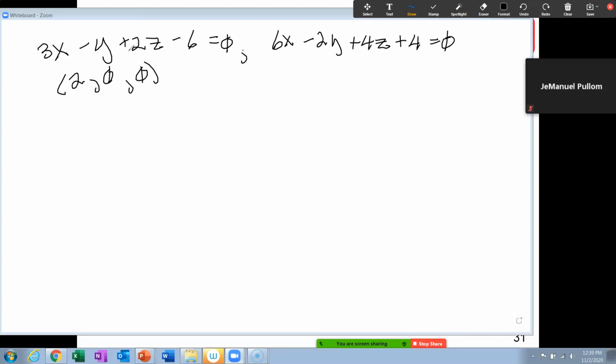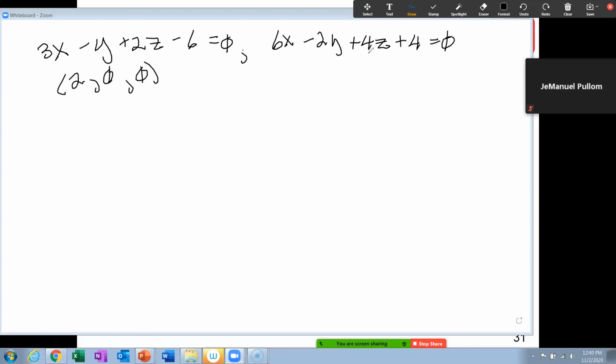We know they're parallel planes because the normal vectors for this one and that one are just multiples of each other. So the normal vector here would be 3, minus 1, 2. Normal vector here would be 6, minus 2, 4. Exactly. The second one is exactly twice the first, which means they're parallel to each other. If the normals are parallel, the planes have got to be, unless of course they're the same plane.